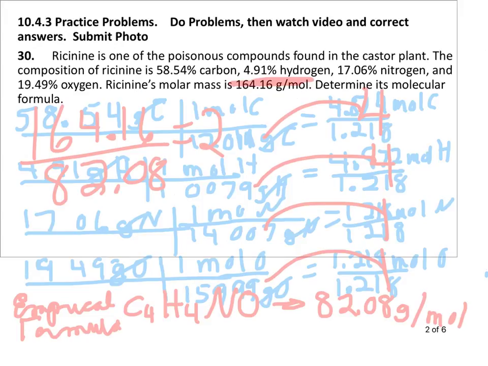We take our empirical formula of C4H4NO, and we're going to multiply that by 2, resulting in, in a nice orange color for our answer, C8H8N2O2 is our molecular formula.